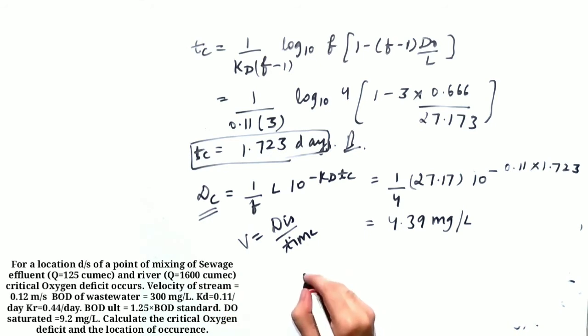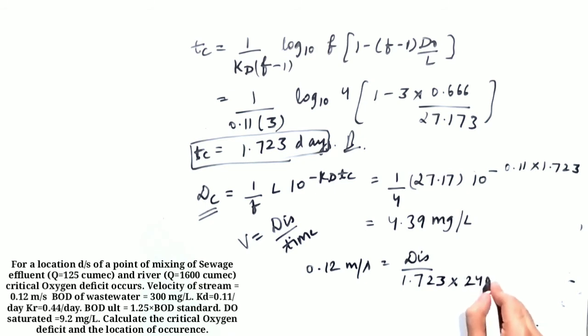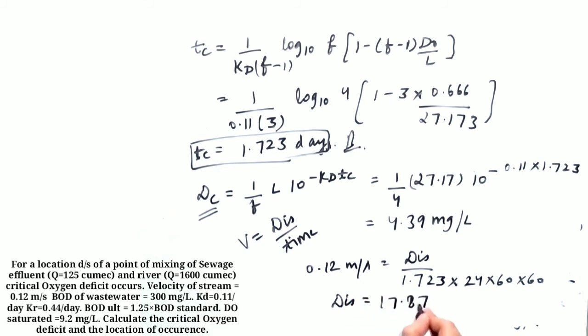Velocity is given in the question as 0.12 meter per second. You have to calculate distance, and time is 1.723 days. You have to convert this days into seconds, into 60. So distance will come out to be 17.87 kilometers. So this is the required answer.